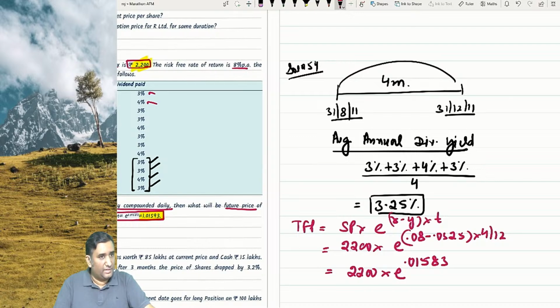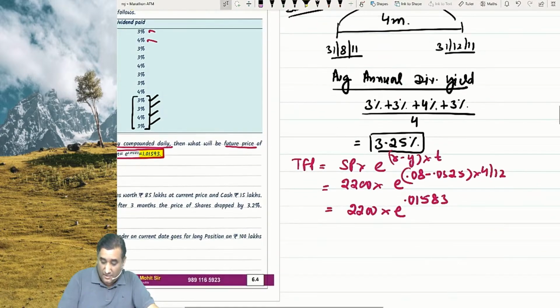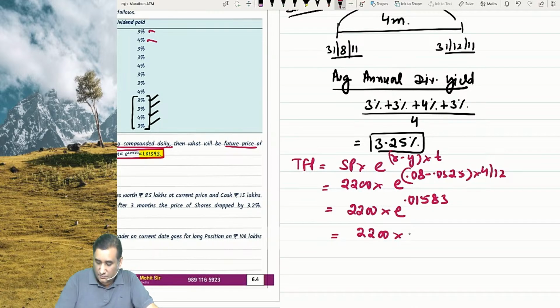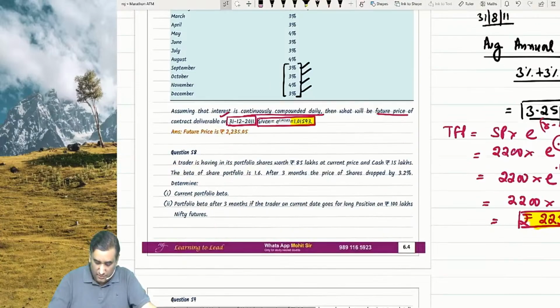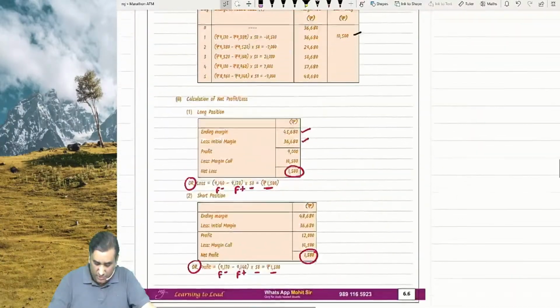So 158. How much do we? 93. Double two. Values will come in. Five.